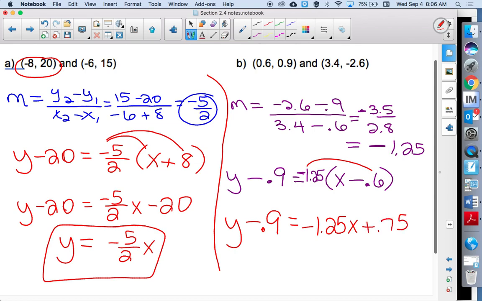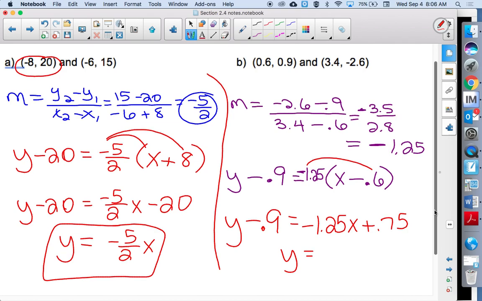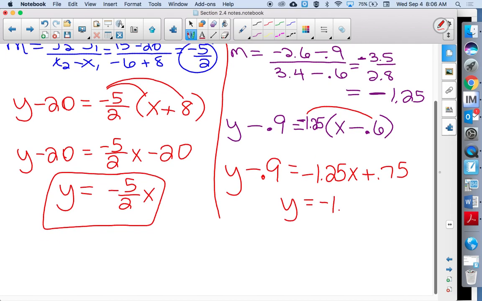And your final equation of this line is? Y equals negative 1.25x plus 1.65.